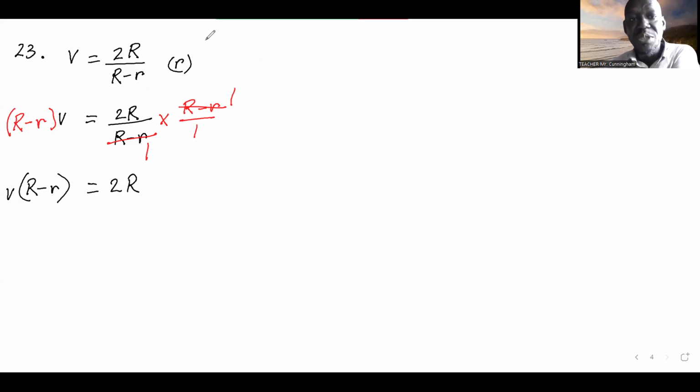But we're finding for small r, don't forget that. So we have to expand, don't forget that word, expand the bracket. To expand means to multiply what's on the outside of the bracket by everything on the inside. People, it's everything on the inside.